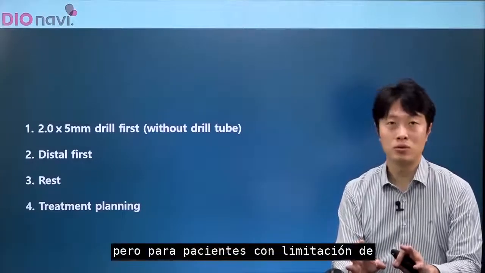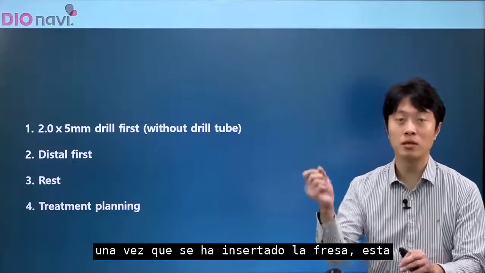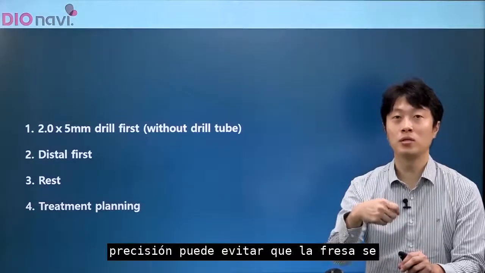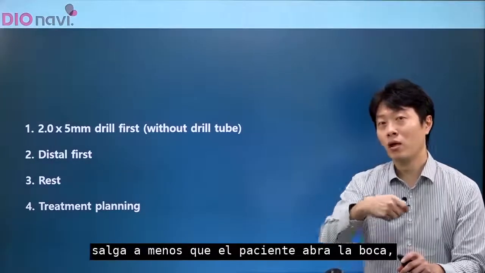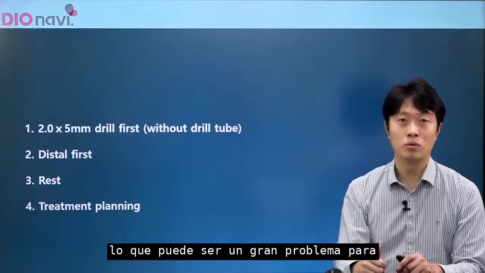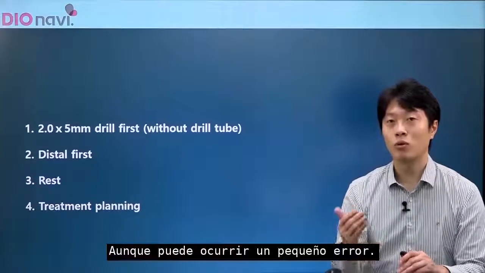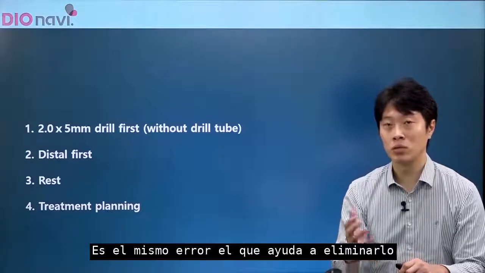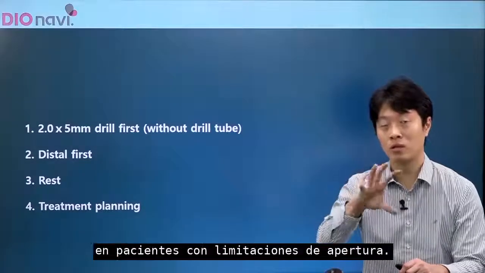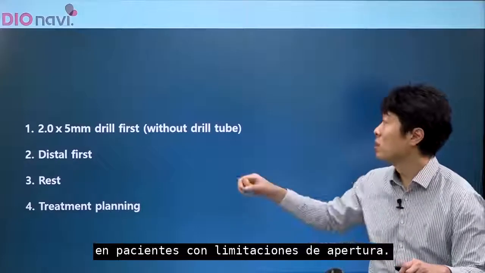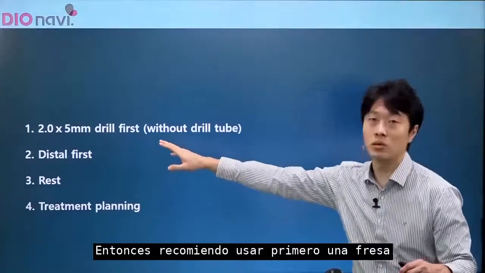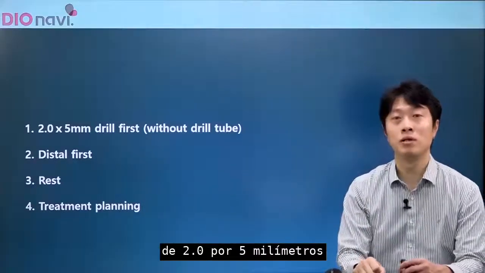But for patients with opening limitation, after the drill has been inserted, this precision may prevent the drill from coming out unless the patient opens their mouth, which may be a big problem for us. Although a small error may occur, it is the very error that helps remove it in patients with opening limitations. So I recommend first using a 2.0 by 5 millimeter drill.